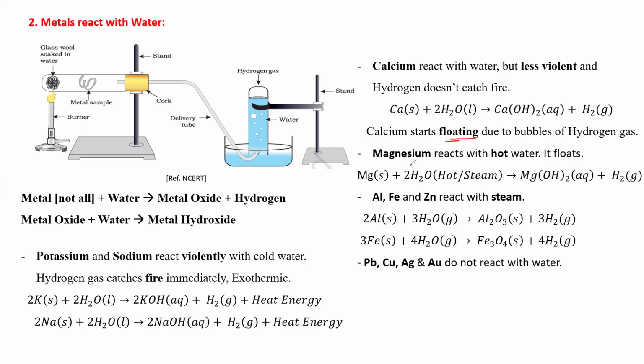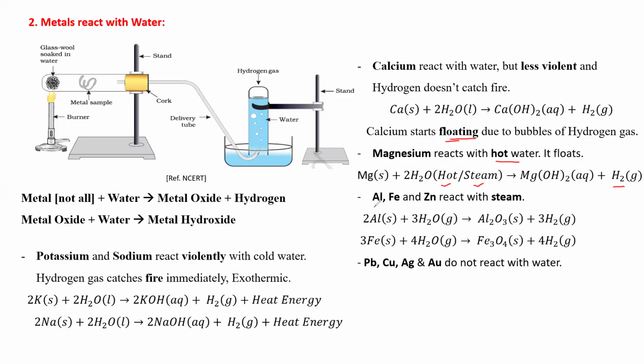Next, we have magnesium. Magnesium will react with what? Hot water, not with cold water. And it also floats again due to the formation of hydrogen gas that sticks with the metal. So here you see that magnesium can react with either hot water or steam to give magnesium hydroxide, and hydrogen gas is evolved here.